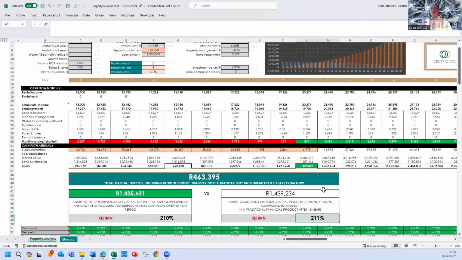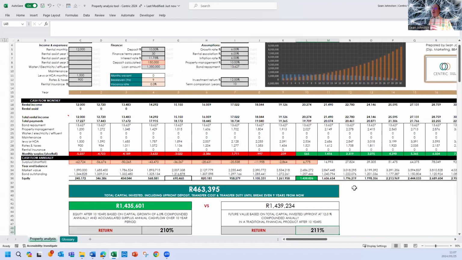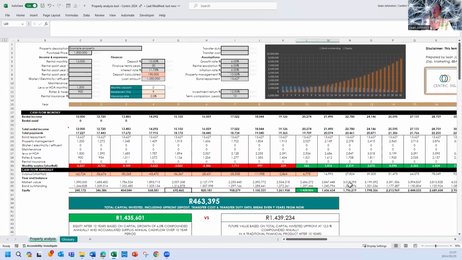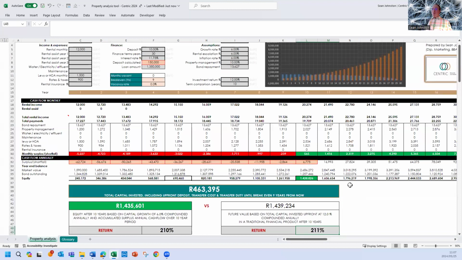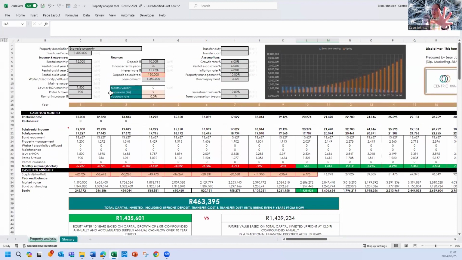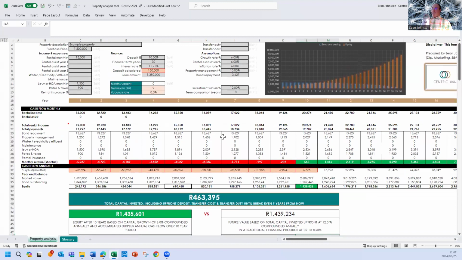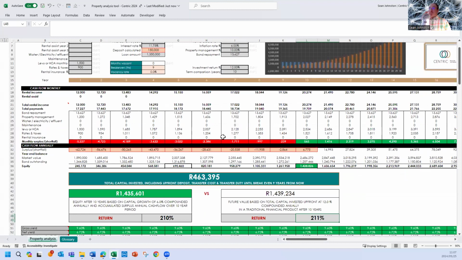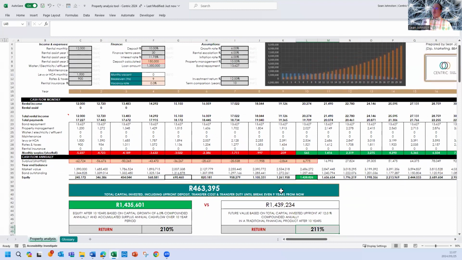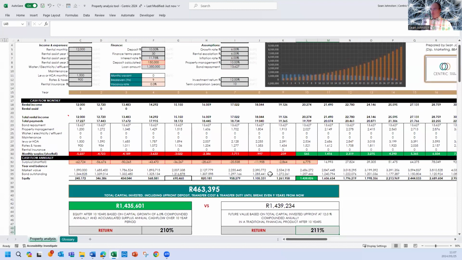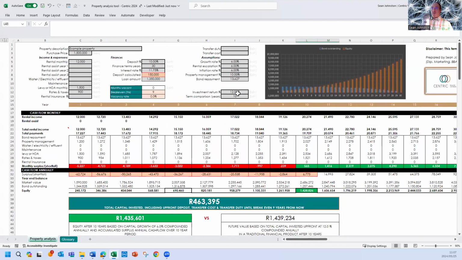Now it's very comparative. So now, if I'm a financial planner objectively, I would say that if you looked at this particular scenario of numbers, and I've just made this up now, I haven't put much thought into this, if I'm investing in property versus in a traditional investment over 10 years, it is either or. If you can get a 12% consistent compound return every year, it makes sense.